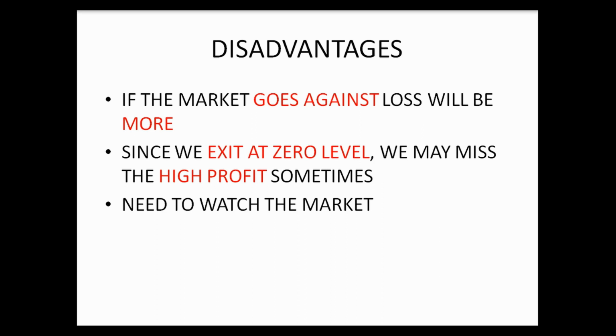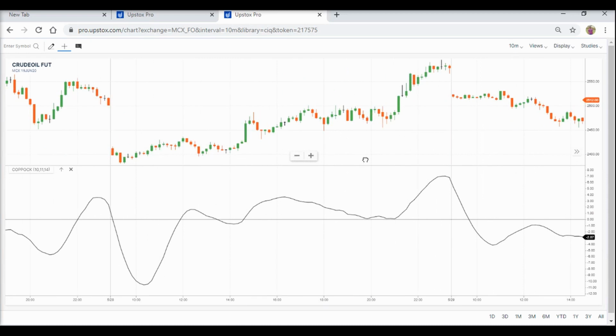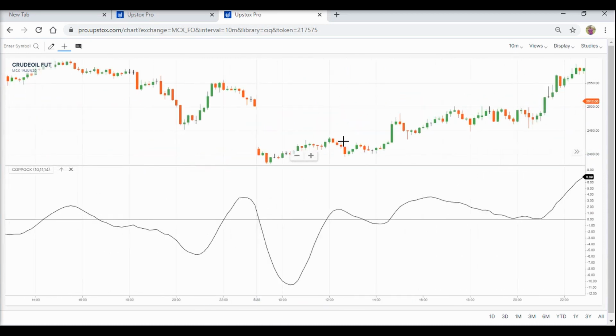In that case, you might be affected with loss, and there will be more losses. Since we are exiting at the zero level, we may miss the high profit sometimes. What does it mean? I'll tell you from this chart itself. I'll give you some scenarios, like a good scenario.